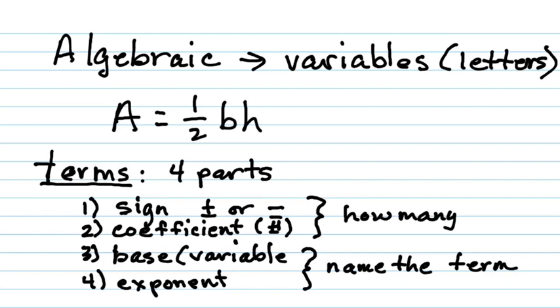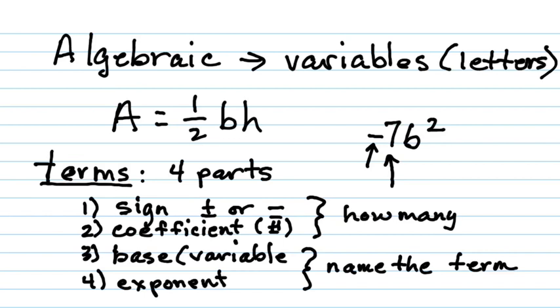Okay? So, for example, if we have negative 7b to the second power, the sign is what? Plus or minus? Go ahead, just call out. Yeah, good job. The coefficient is what? 7. So that tells us I have minus 7 of these objects, whatever they are, right?